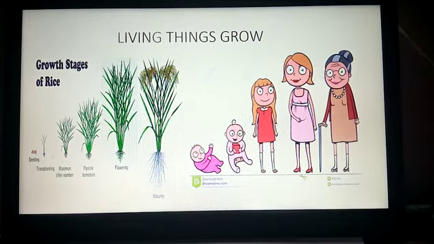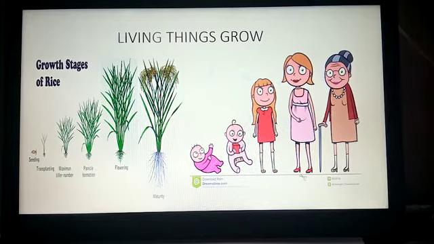So that they call transplanting, right? And then it becomes a little bigger, then still more, and it starts flowering. It starts giving flowers, then the plant becomes mature. So here from a seedling, a plant is changing and it is giving so many seeds. So these are the growth stages of rice, where we are getting the rice. So this is taking place in the plant.